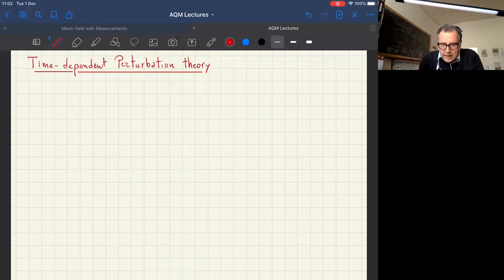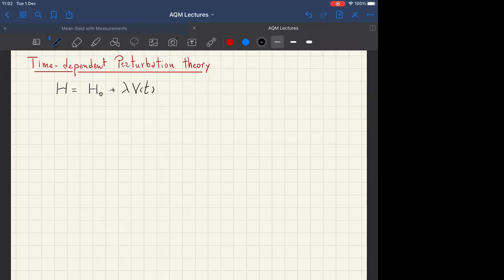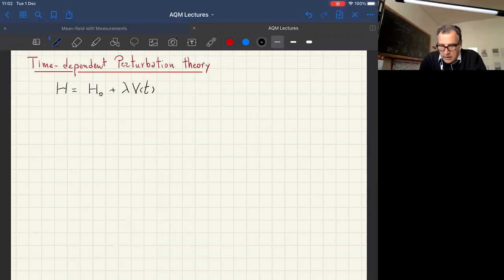Let me stress once more, what is the aim of time-dependent perturbation theory? You have a Hamiltonian H, which is given by H0 plus lambda V of t. Now this is the perturbation, and it is time dependent.